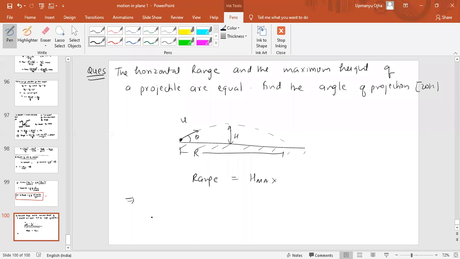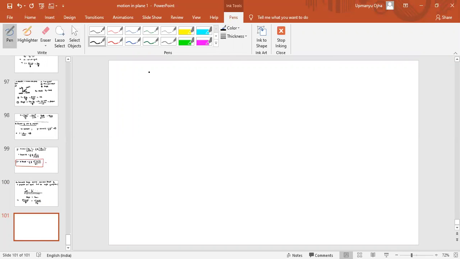What is the formula of range? That is u square sine 2 theta by g. And what is the formula of maximum height? That is u square sine square theta by 2g. Now can we say range equal to u square into 2 sine theta cos theta by g, because sine 2 theta is equal to 2 sine theta cos theta, equal to u square sine square theta by 2g.